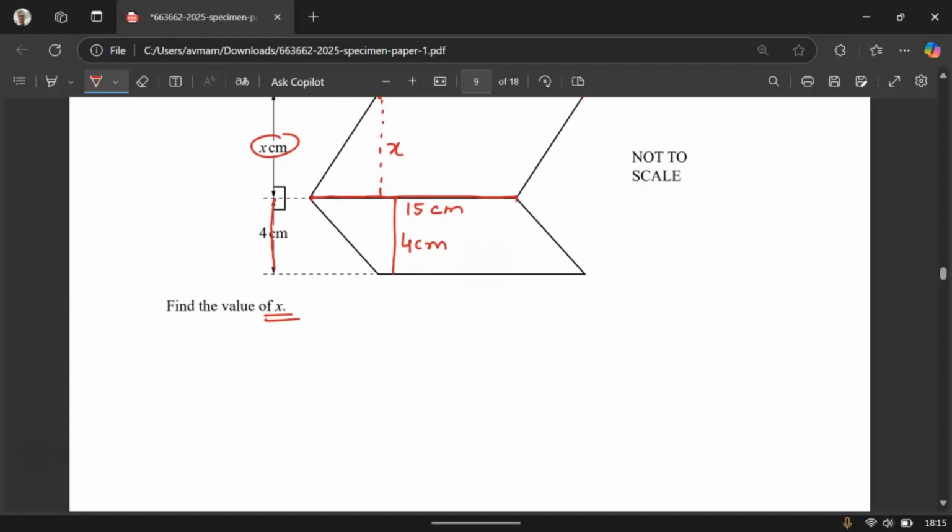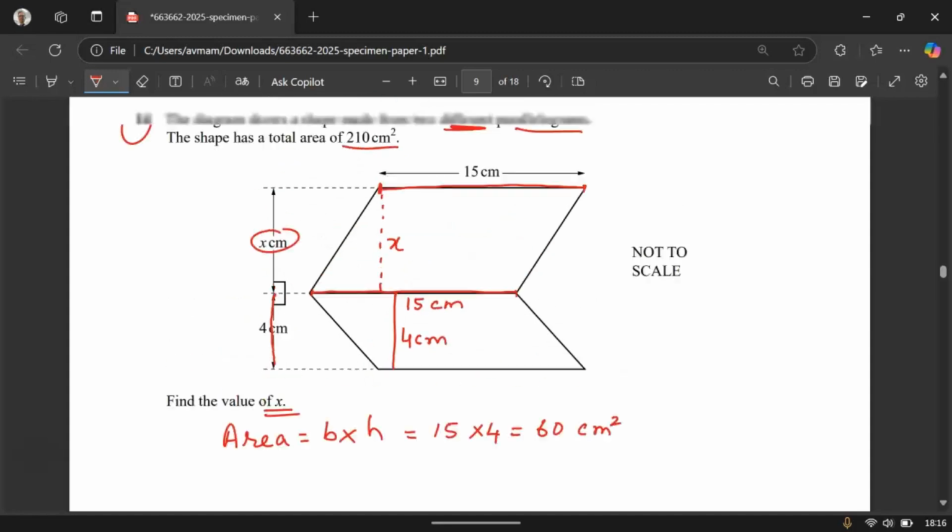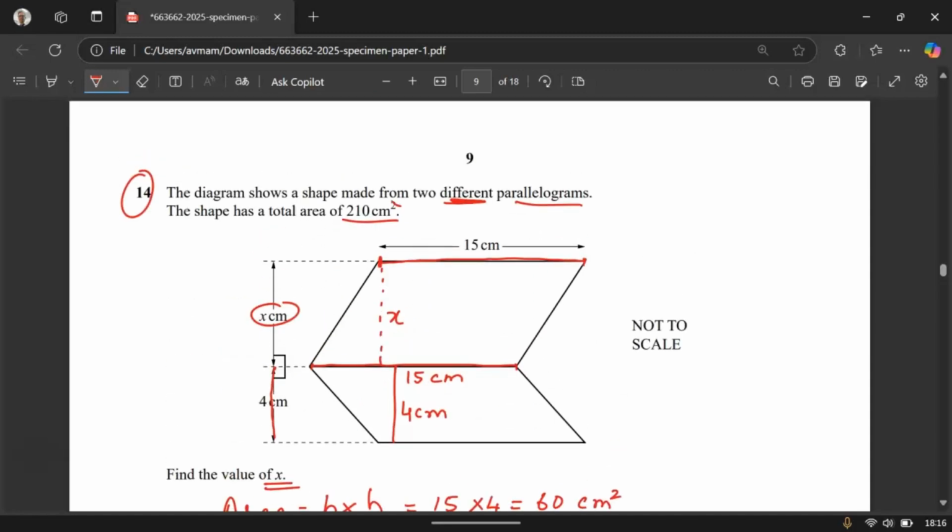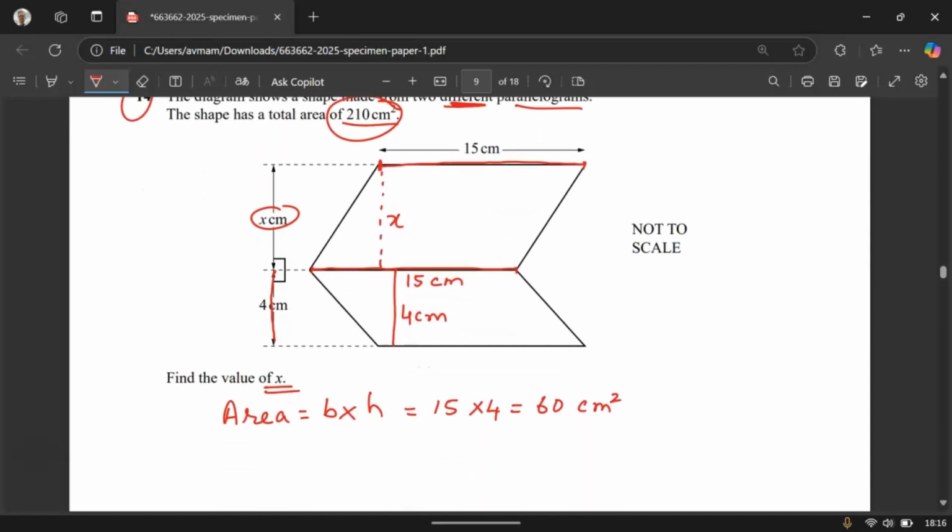Let's find the area. So area is base times height, which is 15 times 4. That will give you 60 square centimeters. The total is 210.